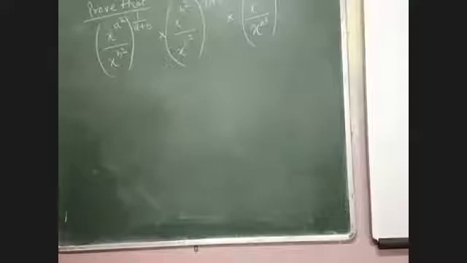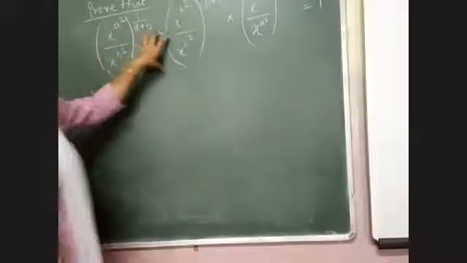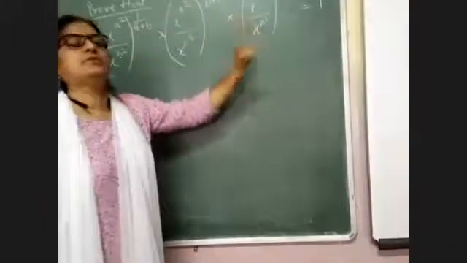It is equal to 1, which is given on the right hand side. Then how will you prove this? You have to prove left hand side equal to right hand side.